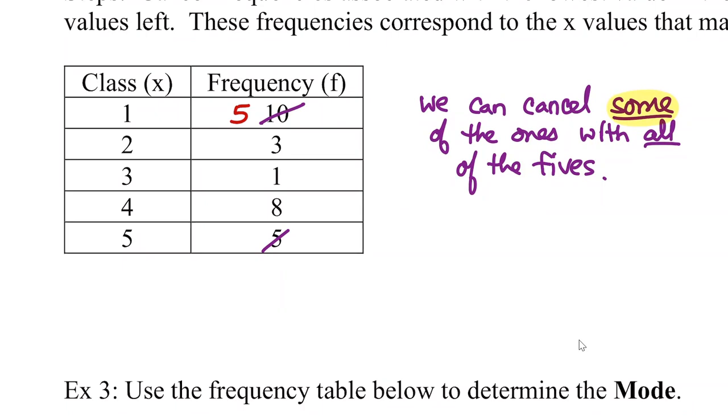Right? So yeah, I have 5 1s left over. I want to cancel all 5 of those 1s with... ideally, I'd cancel them with all of the 4s, but I can't. I can only cancel them with 5 of those 8 4s, right? So that's going to leave me with 3 4s left over, right?